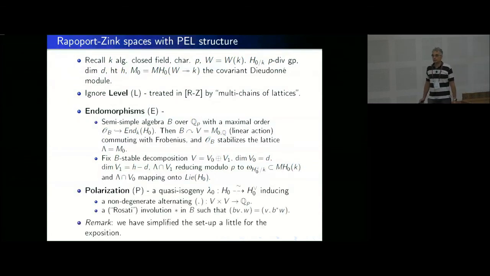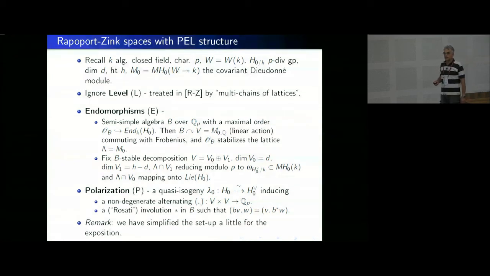So we now enrich our situation by considering, in addition to the input that we had before, a semi-simple algebra B over QP with a maximal order OB that is embedded in the endomorphism algebra of our given H0. So you do not consider H0 naked, but with an action of some interesting, maybe division ring or maximal order in the division ring.